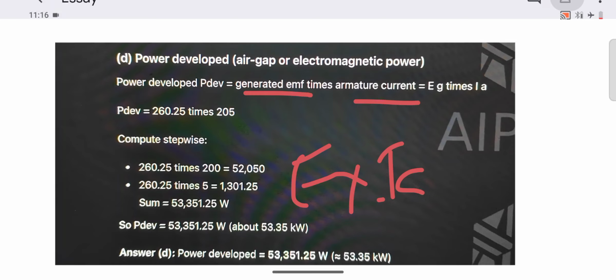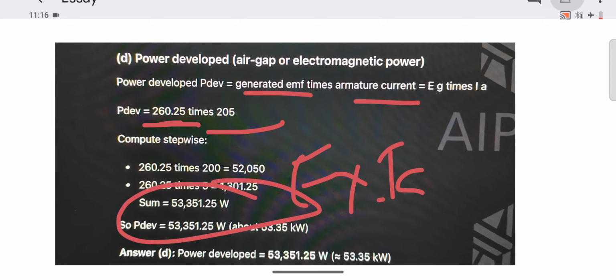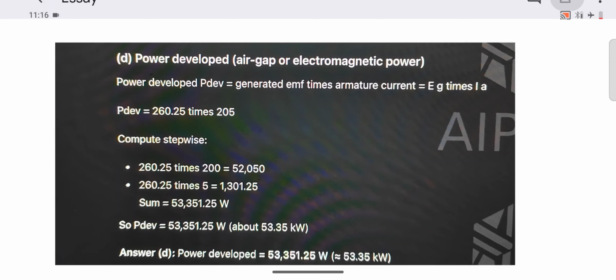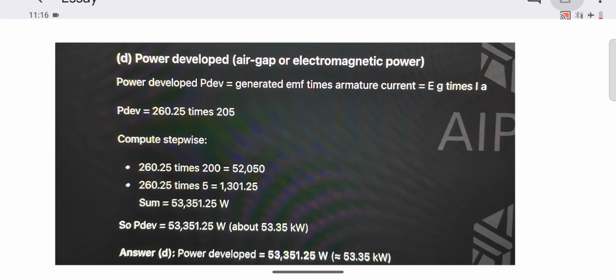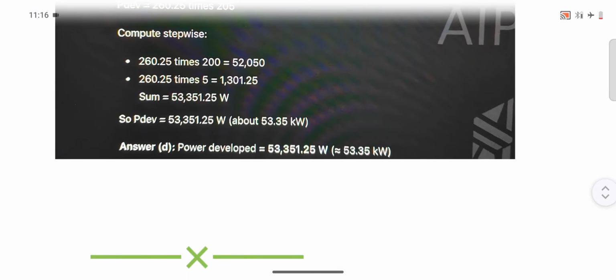We already calculated the generated EMF, and when we multiply it by the armature current, which is 205, we can find the developed power. Simple to remember: power is equal to VI, and where you have to find power developed, it is generated EMF multiplied by armature current. So power developed we can calculate here.